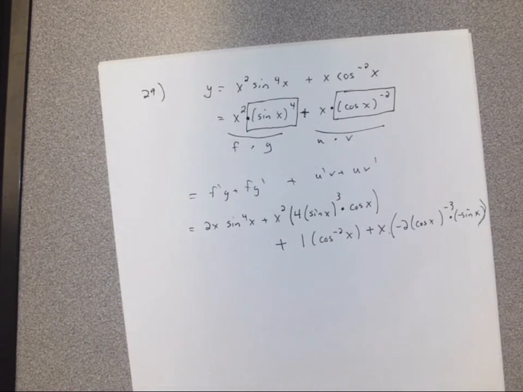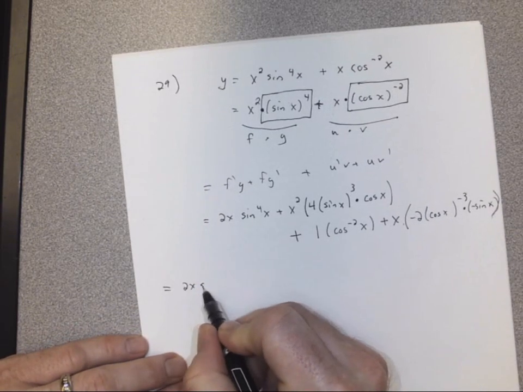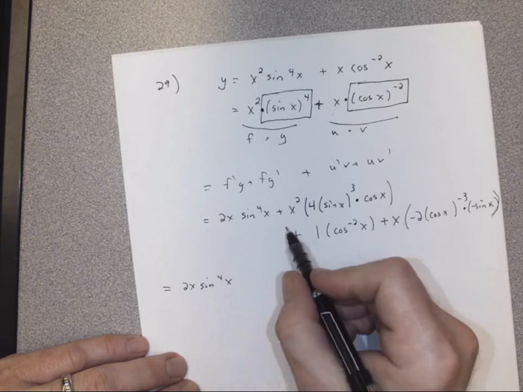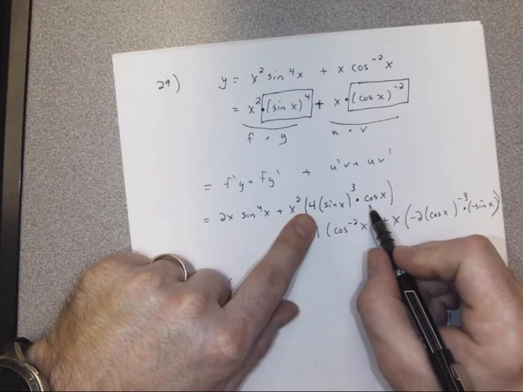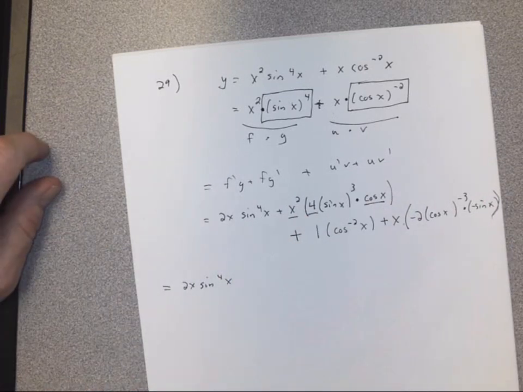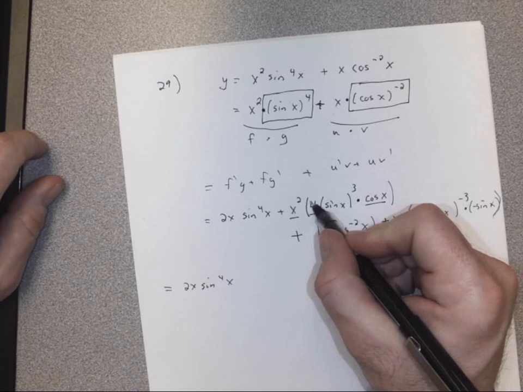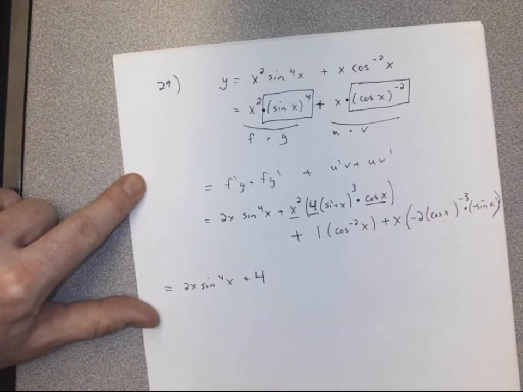Okay, now we can clean it up a little bit. So over here I have 2x sine to the fourth of x plus, now what I'm going to do is put this cosine, this 4, and this x together, because they all, well, I'd like to say they all have power 1, except the x squared doesn't, right? But what I'm going to do is I start out with this 4, because the coefficient I like to put out front. If it's just a number, I like to put it out front.